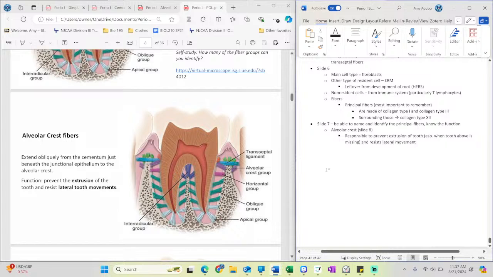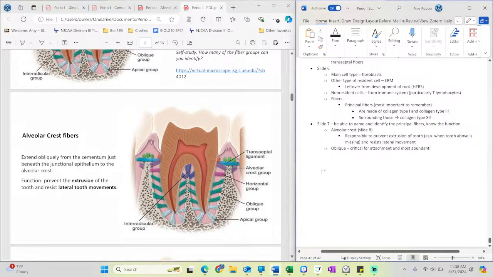The critical one for attachment of the tooth to the bone. Of all these groups here, alveolar crest, horizontal, oblique, and apical, which is the critical one for attachment? The oblique. Okay? And because of that, it is the most abundant group of fibers.